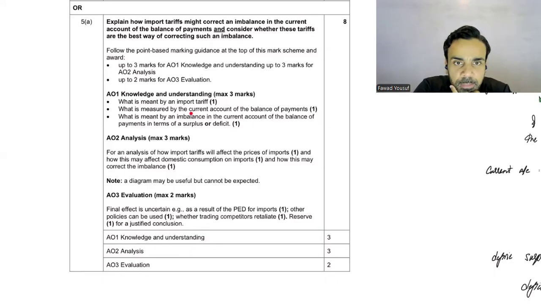Note a diagram may be useful but cannot be expected. Final effect is uncertain. Example, as a result of PED for imports, other policies can be used. Okay, so that's where they're suggesting it.